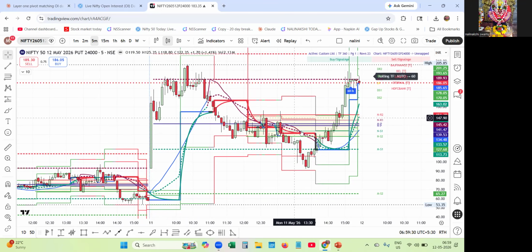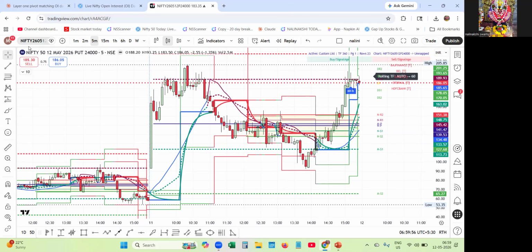This yellow block is the noon layers. After 12 p.m., these layers will be formed automatically around 12:05. That also confirms that actually after 12 p.m. the call was dominating.